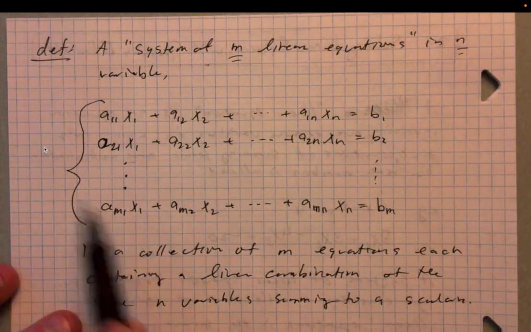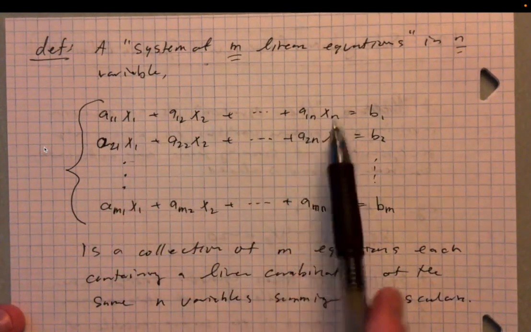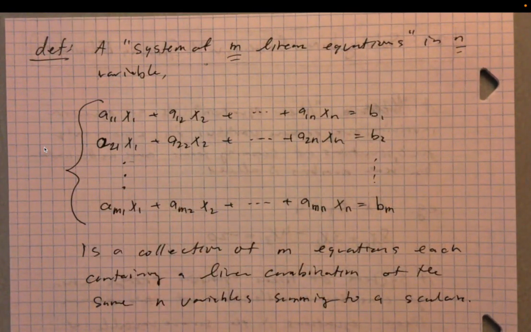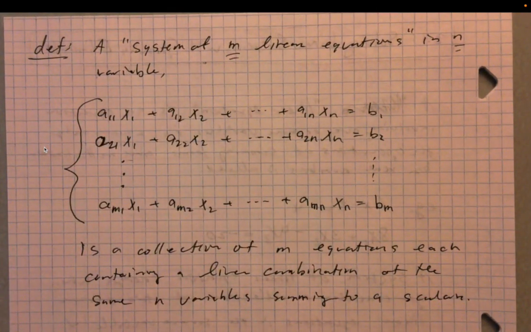Here we can see that this is indeed a linear combination of n variables summing to a scalar. Same for all of these. That's the definition of a linear system: a collection of equations, each containing a linear combination of the same n variables summing to a scalar.